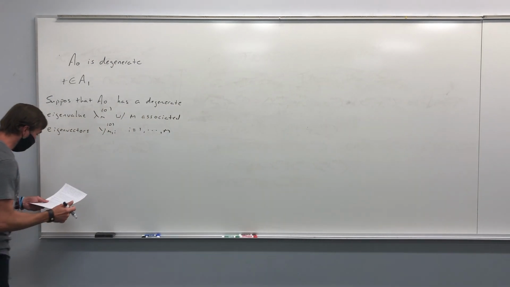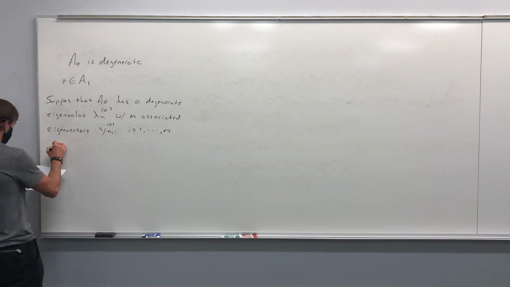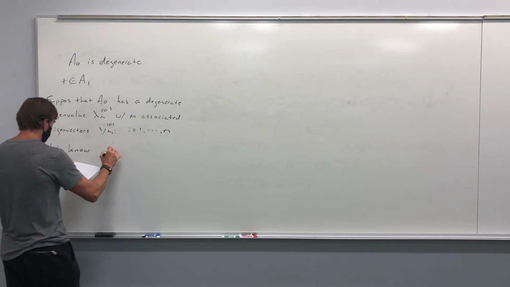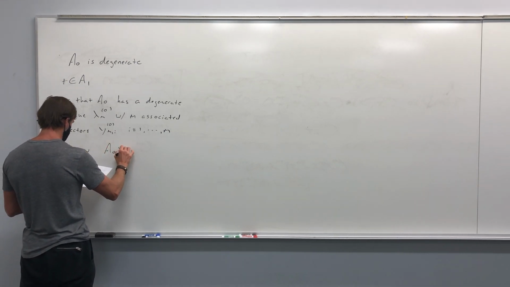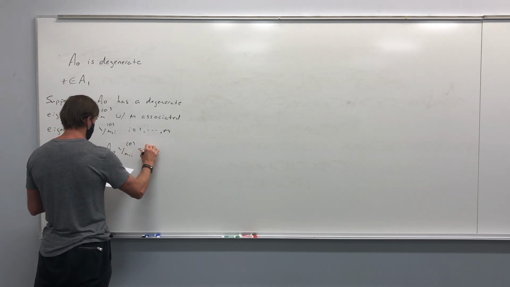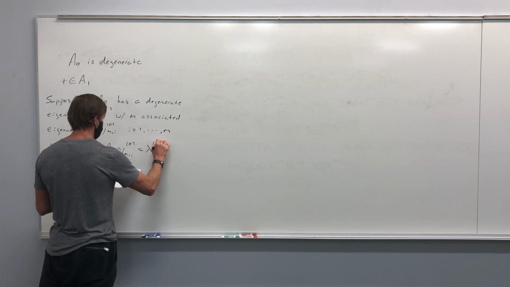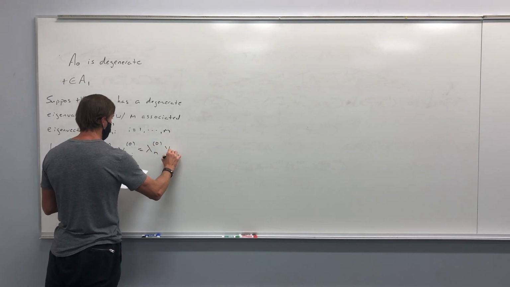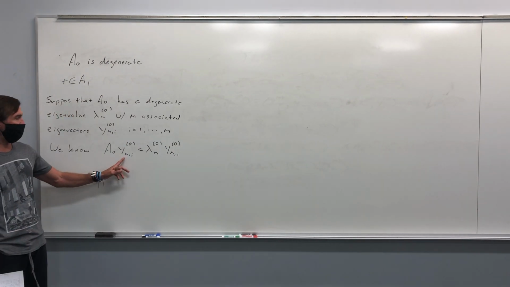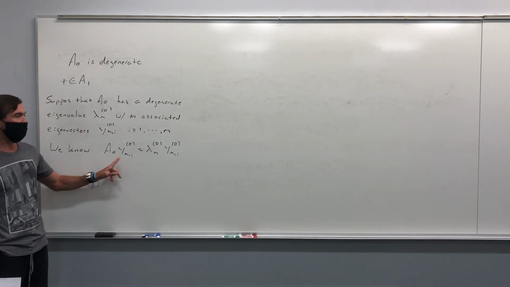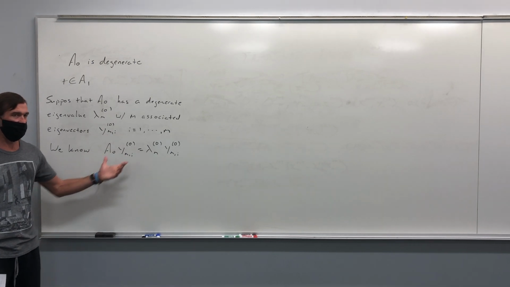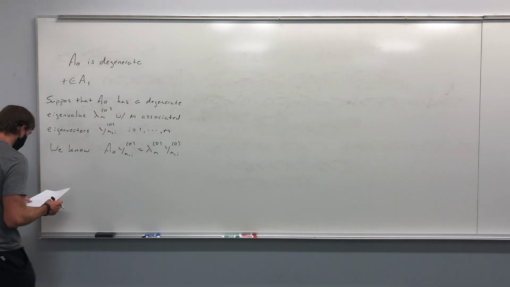Now, we know that A naught Ymi 0 is equal to lambda m0 Ymi 0. That's just a statement that this is an eigenvector of this operator with eigenvalue lambda m 0. That's just an eigenvector equation.